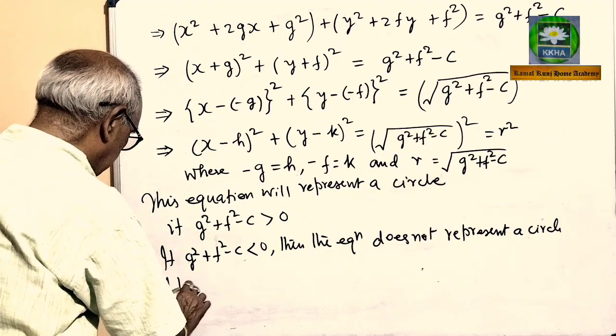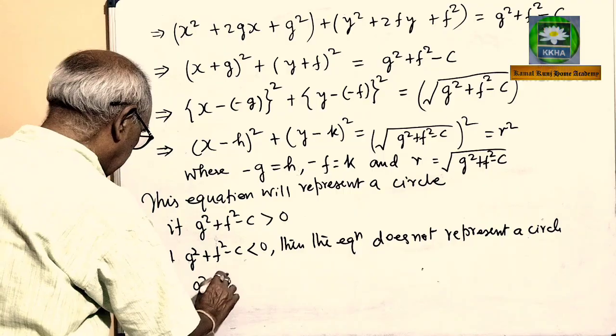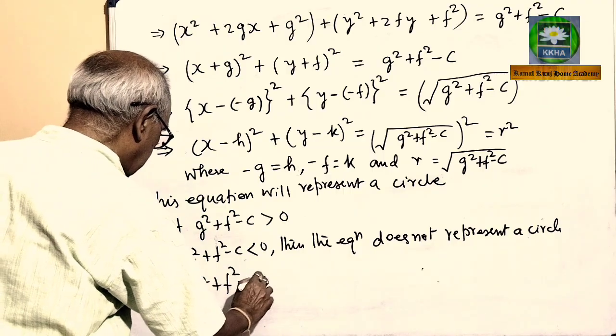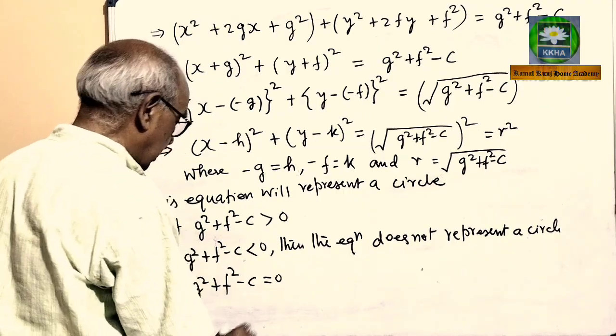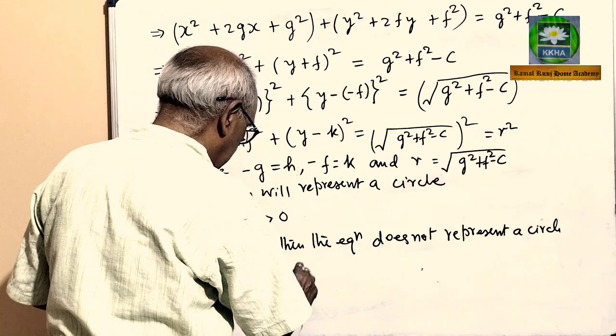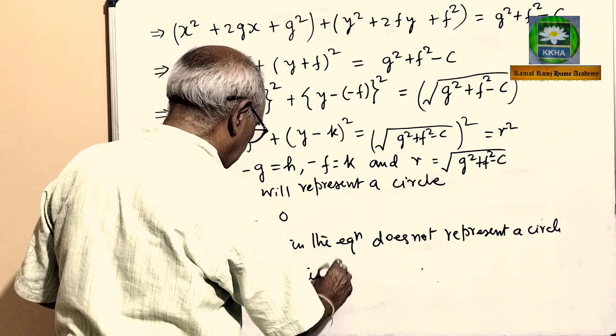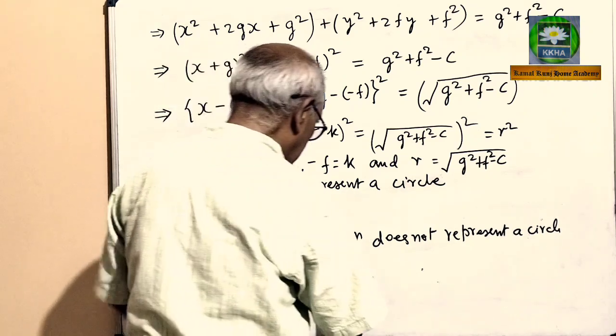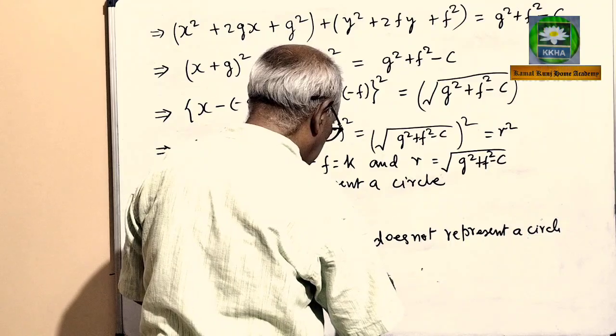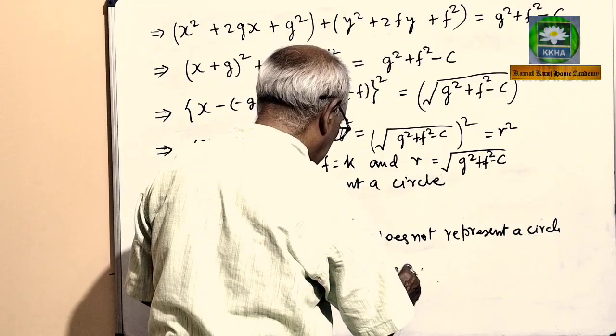Now if g square plus f square minus c is equal to 0, then it represents a point circle.